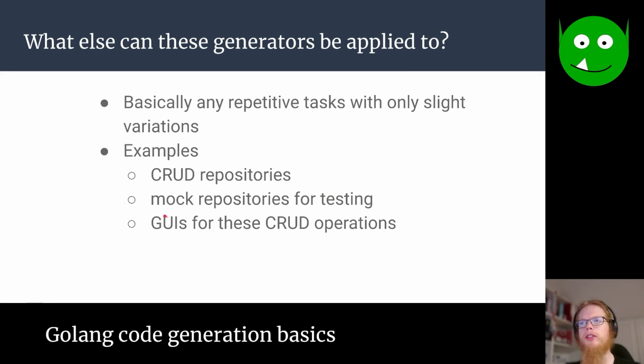You can even write graphical user interfaces, like websites, automatically generating those websites and the routing and everything for that. But really, anything repetitive. So let your creativity flow with what you want to generate, and let's see where it goes.